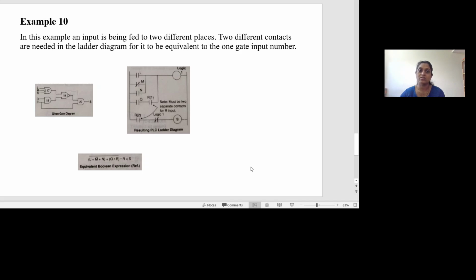So in that case, we need to use timer functions and counter functions. So till this session, what we learned is only about input contacts and output coils. In the next unit, we'll be learning more on how to use timer functions, then counter functions, which becomes more and more practical.